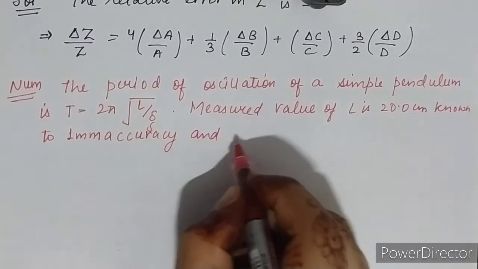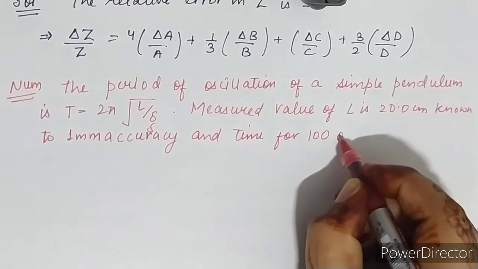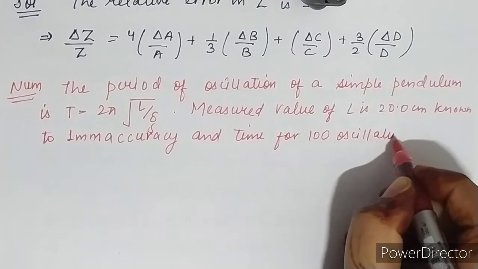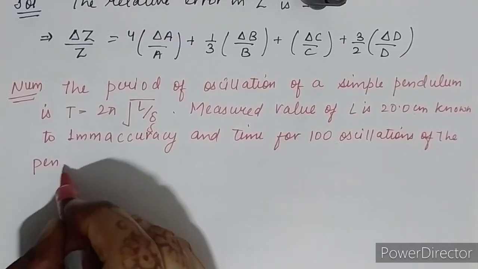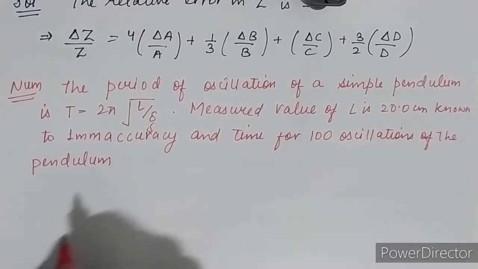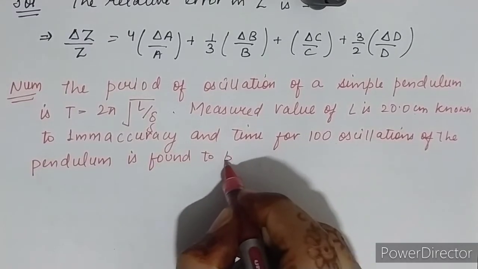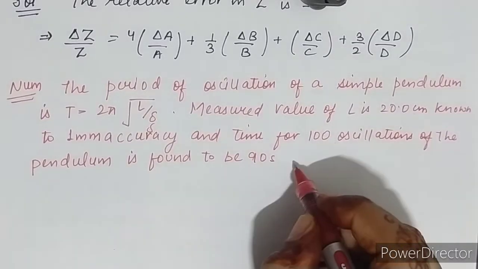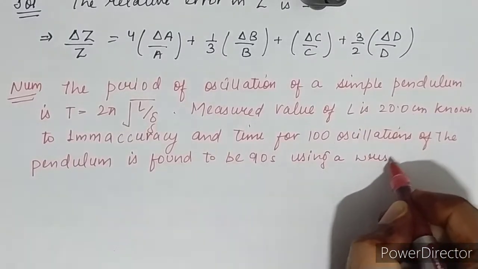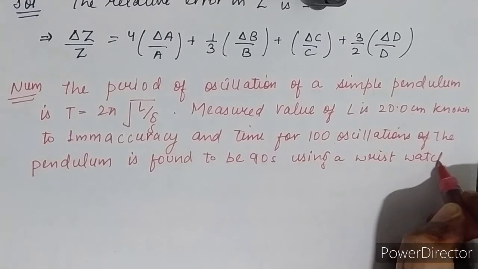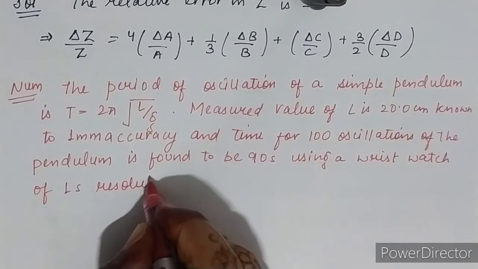And the time for 100 oscillations of the pendulum is found to be 90 seconds using a wristwatch of 1 second resolution.